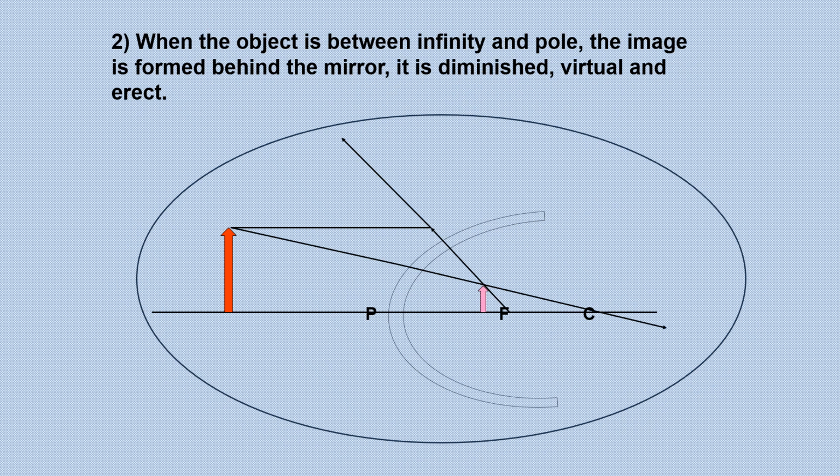In the second case, the object is present at a finite distance, that is, between infinity and the pole. Here the image formed is behind the mirror, and the image is diminished, virtual and erect. So these are the two positions for the convex mirror.